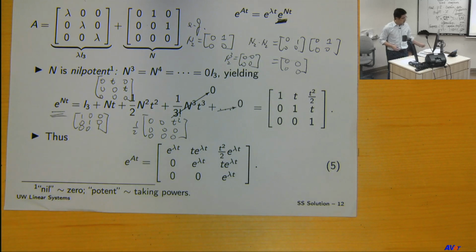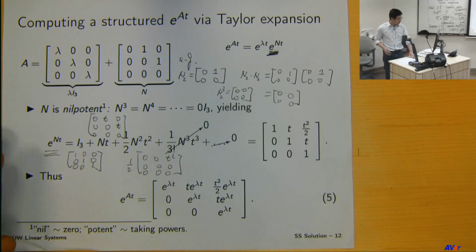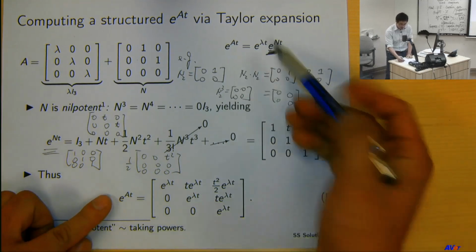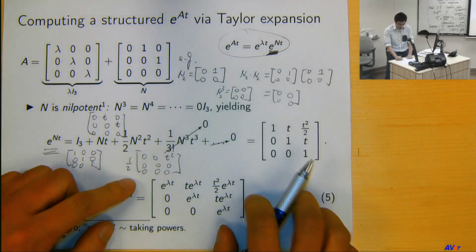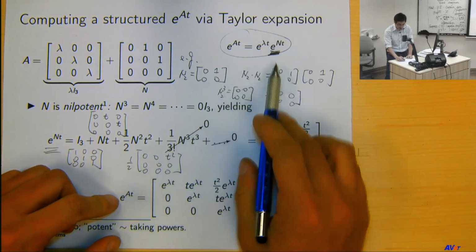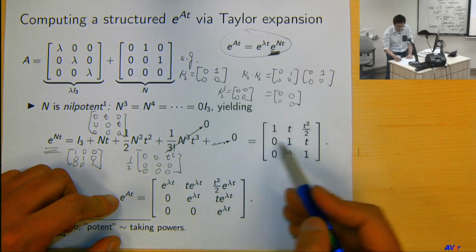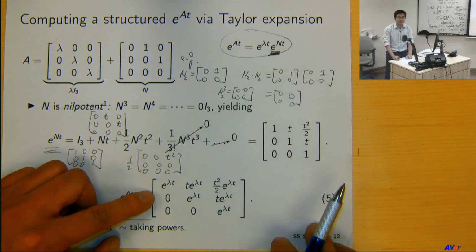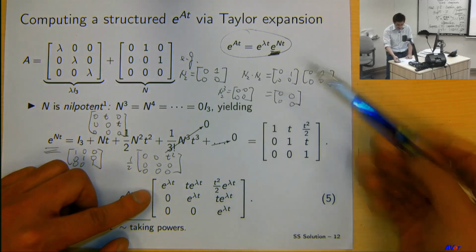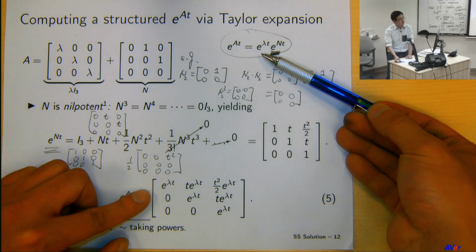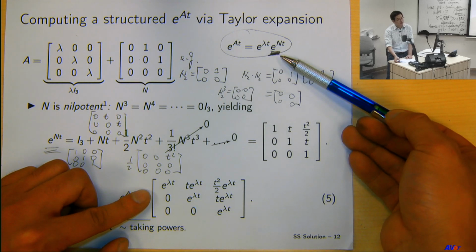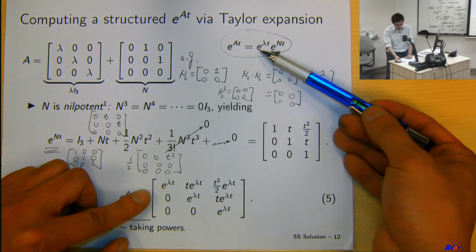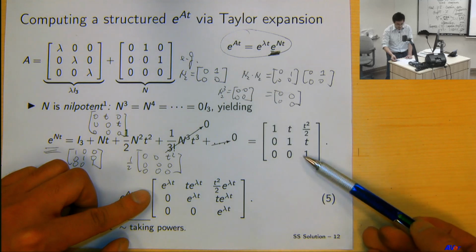So for nilpotent matrices, the exponential function is easy. Therefore, with this overall equation, e^(AT) is going to be this whole thing multiplied by e^(lambda T). Just be careful this time. This time you have a scalar times a matrix, right? So you need to multiply this scalar into all the elements of this matrix.